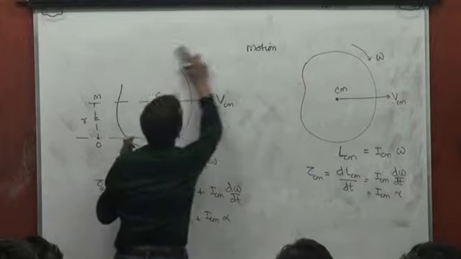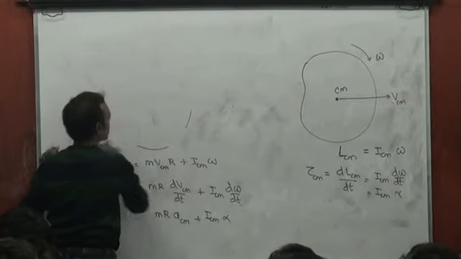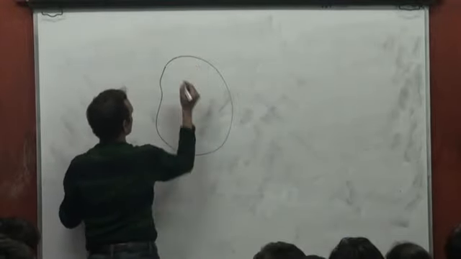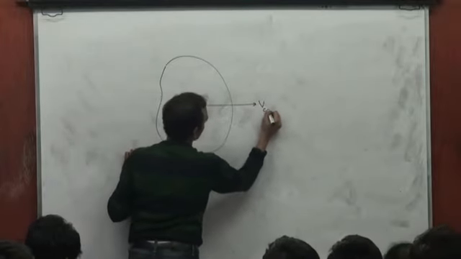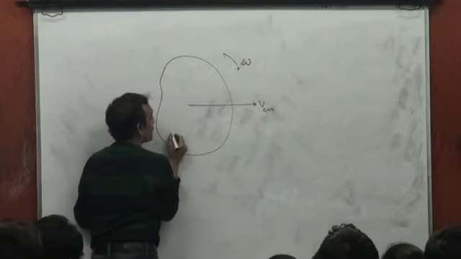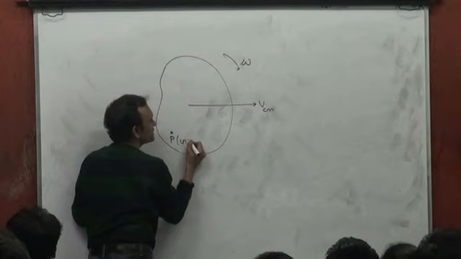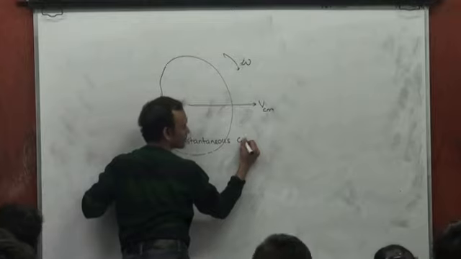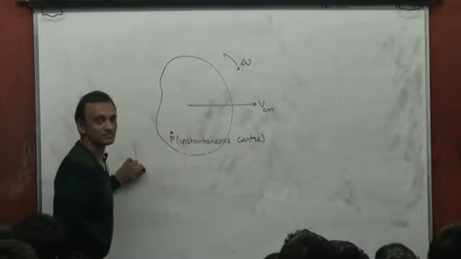Again, in general rigid body motion, that is combined motion, say I have a point P which is the instantaneous center. This is the instantaneous center, right?